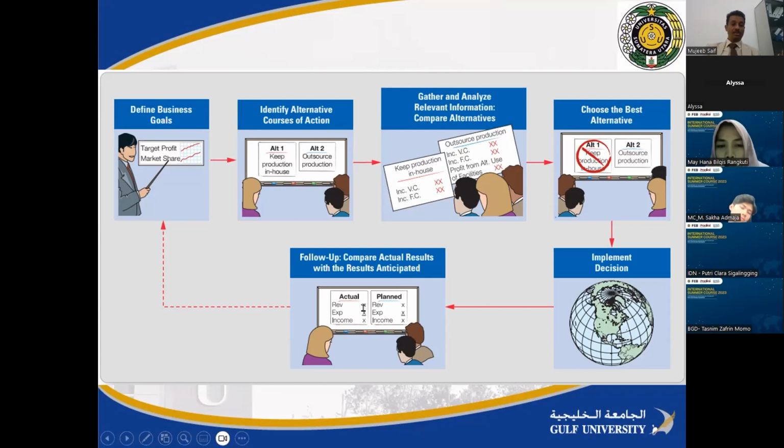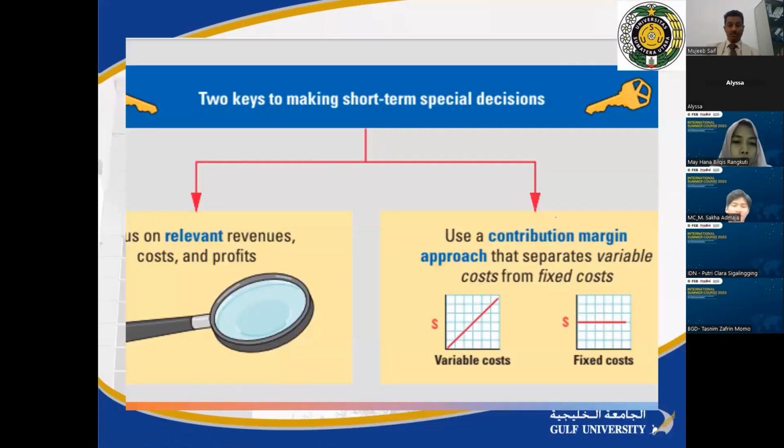So when we want to make a short-term decision, we should consider some elements, which is we should focus on relevant revenue, cost, and profit. There are a lot of decisions where we should focus on relevant revenue, cost, and profit, right?